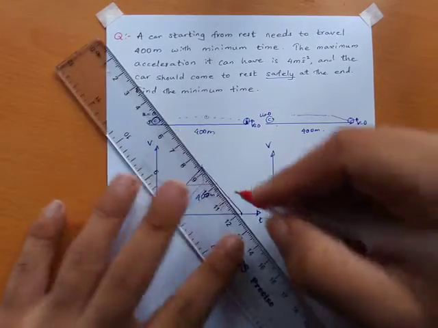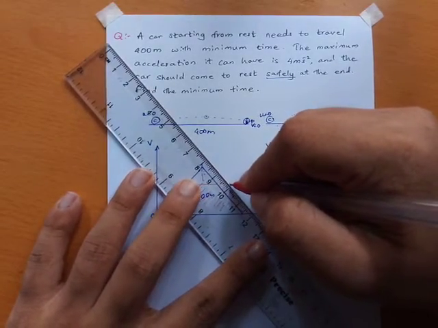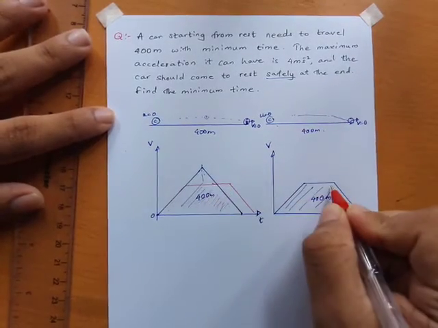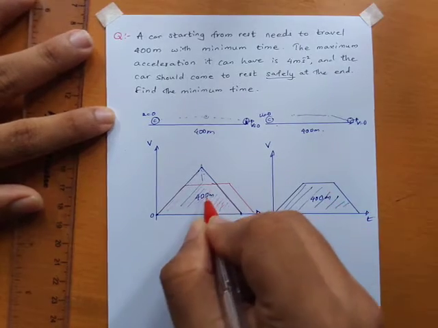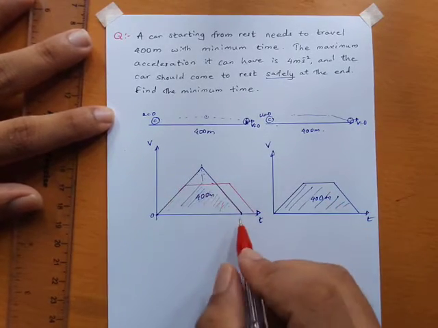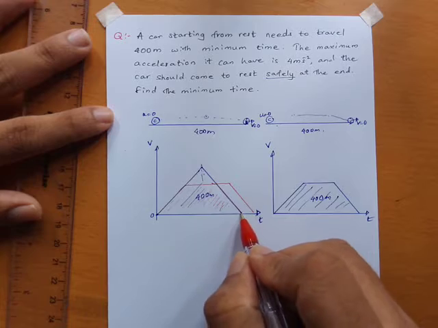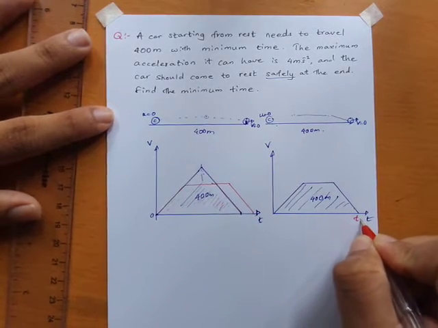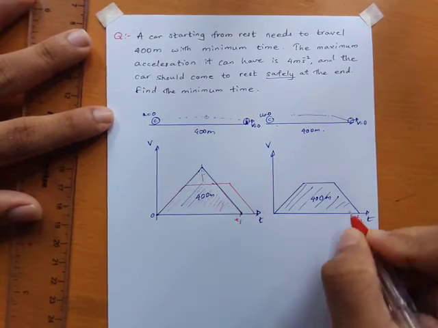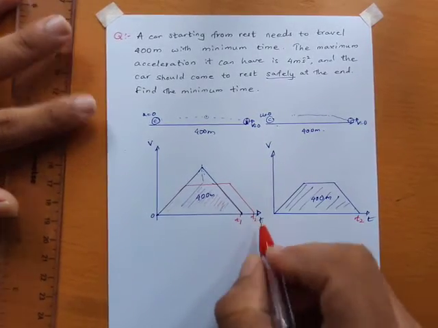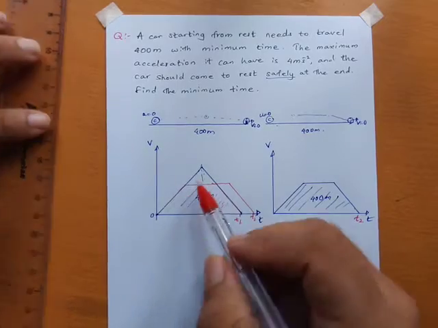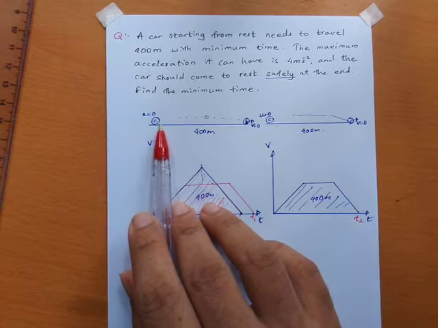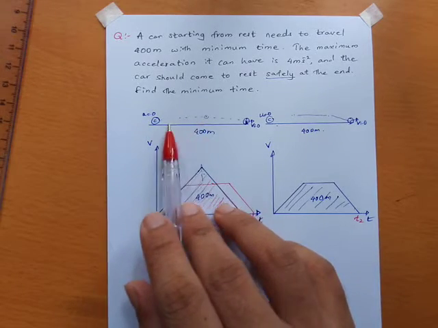So actually it would look like this, if I draw this curve fitted to this in the same graph. Now we can see the time taken for this one is larger. Let's say this is t2 and here this is t1. We can clearly see that t2 is greater than t1, therefore the minimum time is taken by the motion where it accelerates up to some time.